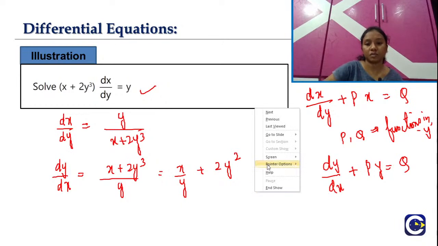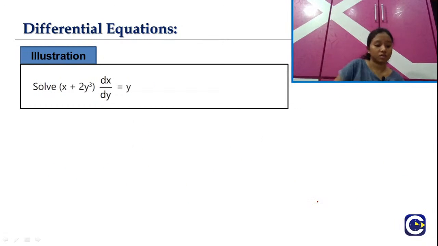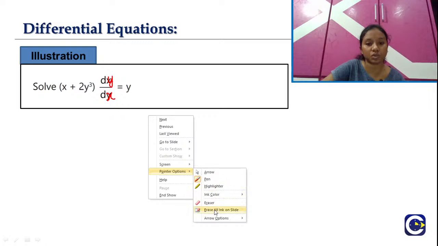So let me erase this part. Okay, let's just solve it. I hope there is a mistake here. It should be dy by dx only. There is just a mistake in the question, guys.